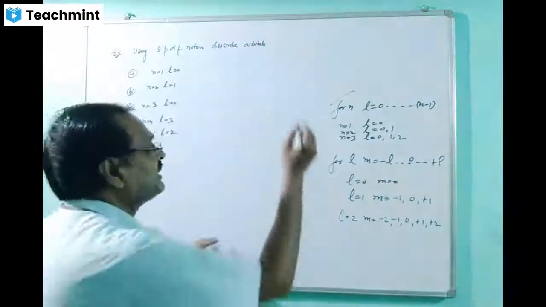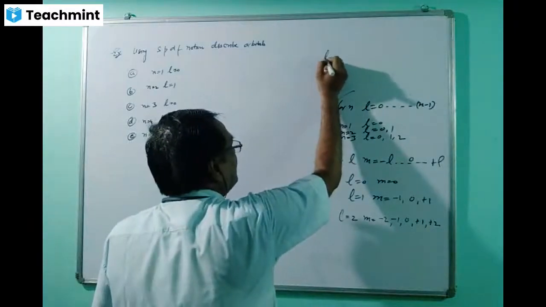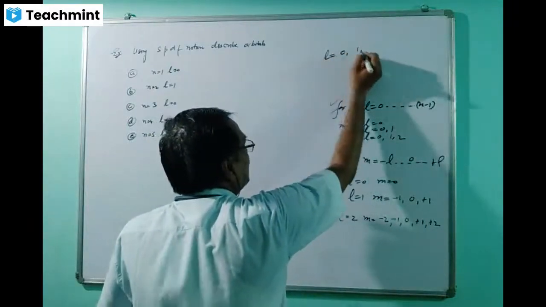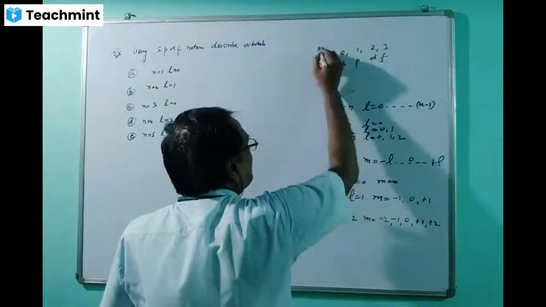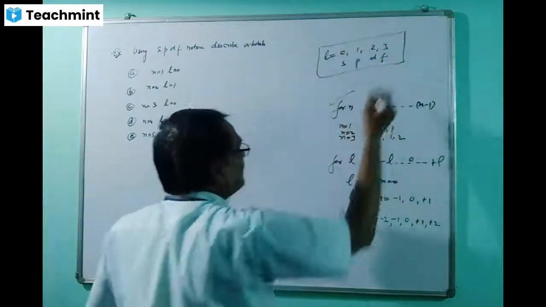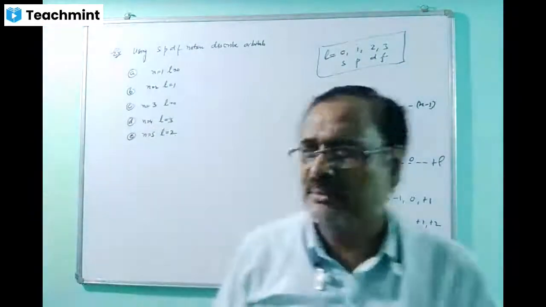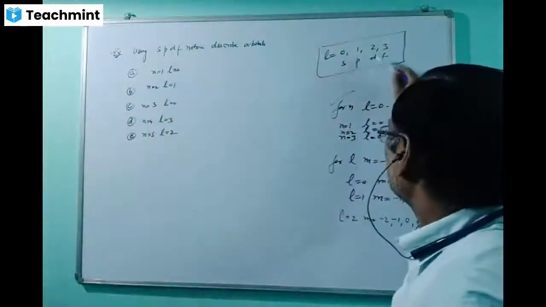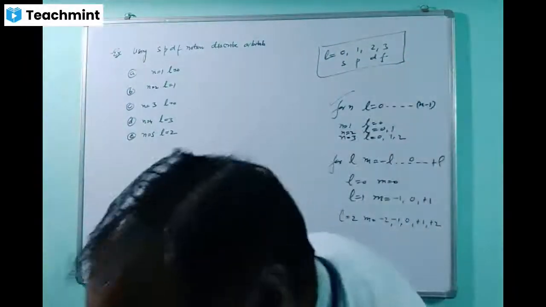Just see, you have studied that L is equal to 0, 1, 2, 3 corresponds to S, P, D, F. That you keep in your mind. If L is equal to 0, S. If L is equal to 1, then P. If L is equal to 2, D. For 3, F. So apply that one.